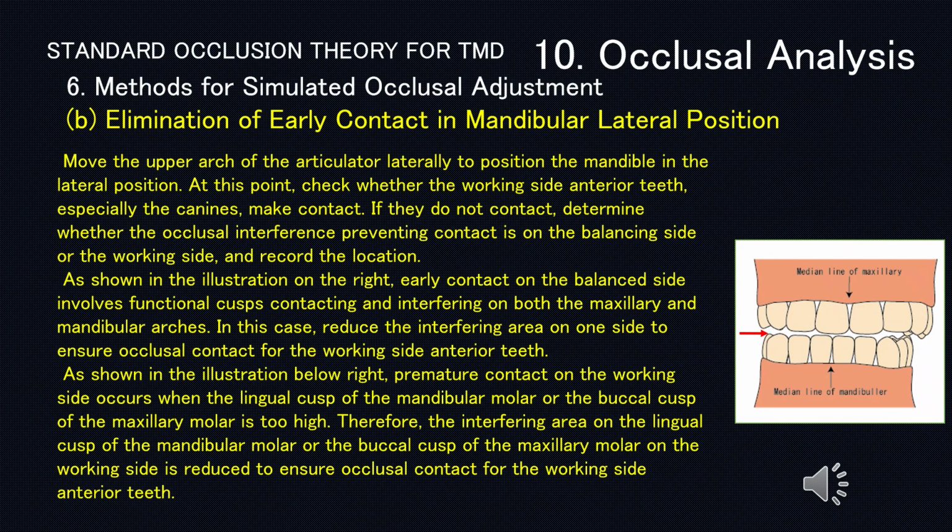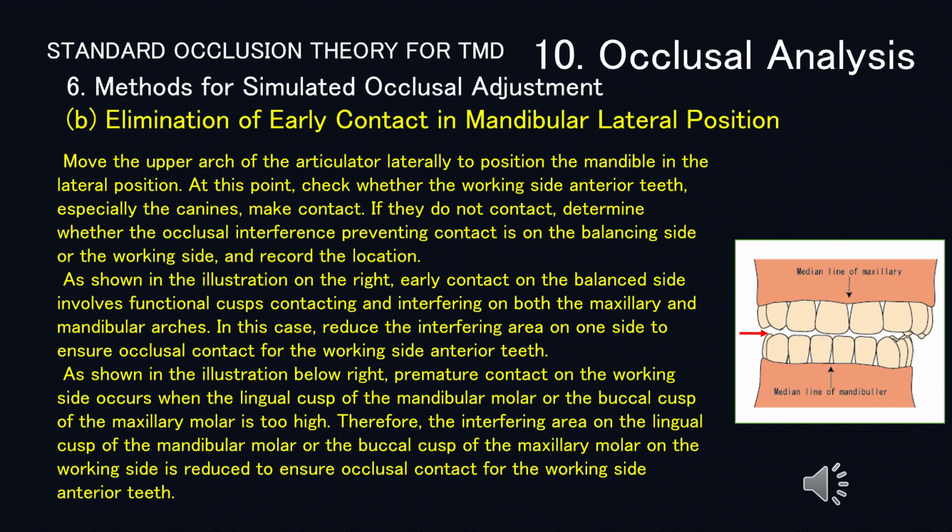B. Elimination of early contact in mandibular lateral position. Move the upper arch of the articulator laterally to position the mandible in the lateral position. At this point, check whether the working side anterior teeth, especially the canines, make contact.